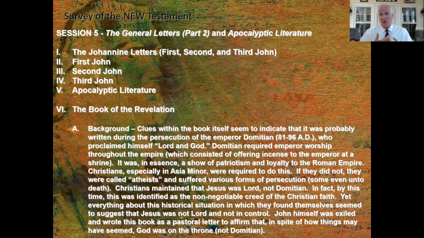And Domitian actually required emperor worship throughout the empire, which probably consisted of offering incense to the emperor at a shrine and making the claim that Domitian, the Roman emperor, was Lord and God, and thus requiring that you worship the Roman emperor. It was basically a show of patriotism. It's basically a show of loyalty to the Roman Empire, certainly a step above pledging allegiance to a flag, but still basically a show of loyalty and patriotism.